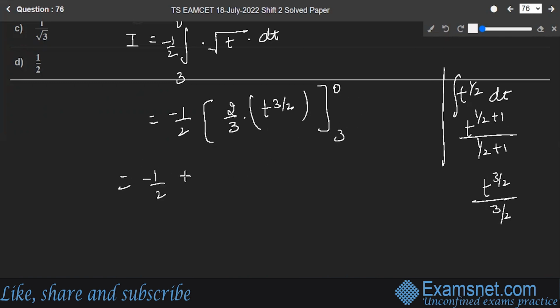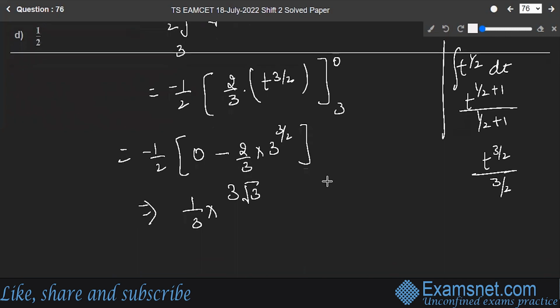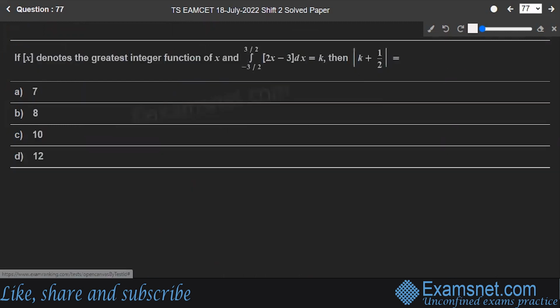This will give me minus 1 by 2 into (0 minus 2 by 3 into 3 raised to power 3 by 2). So this is going to give me 1 by 3 into 3 multiplied by root 3, right? All right, so this is root 3, my answer. Correct. That means we have option A as the answer to this question. Hope you got that. Next question number 77.